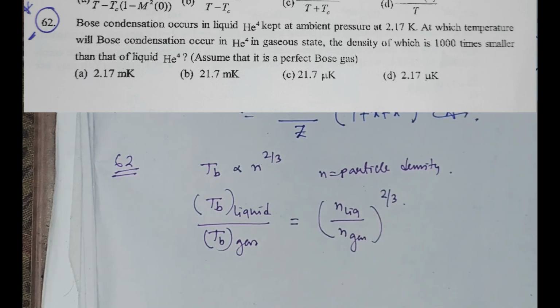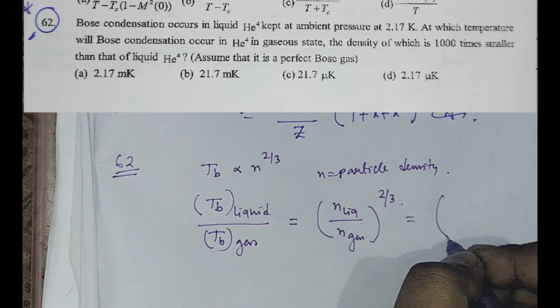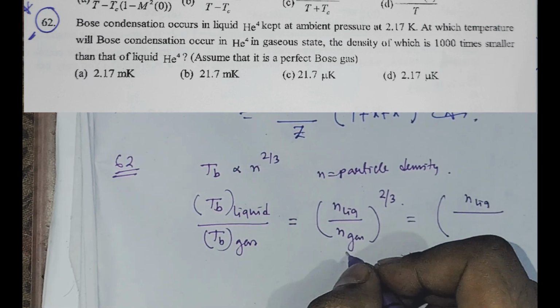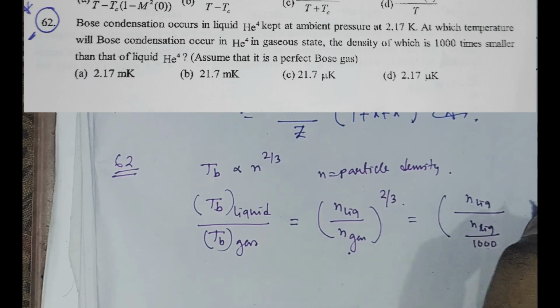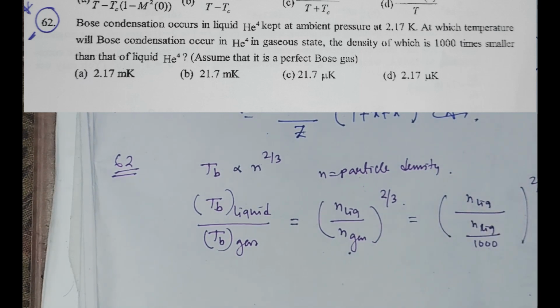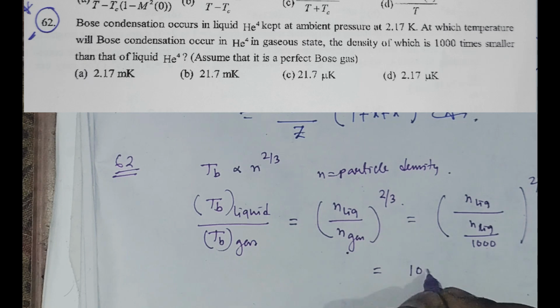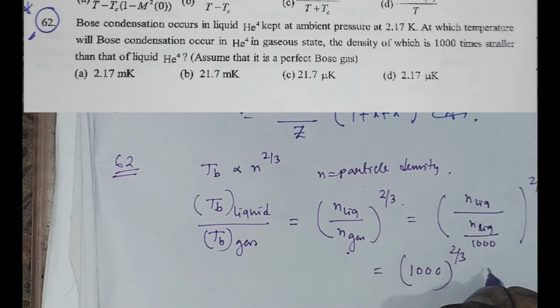Now substitute this. A condition is given for the temperature at which Bose condensation will occur in helium-4 in gaseous state, the density of which is 1000 times smaller than that of the liquid helium-4. So I can write it as n liquid by, this is the n gas, so n liquid by 1000, to the power 2 by 3, and you will get 1000 whole to the power 2 by 3, and this is 100, right?